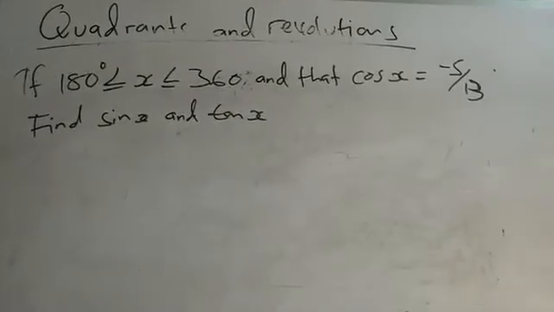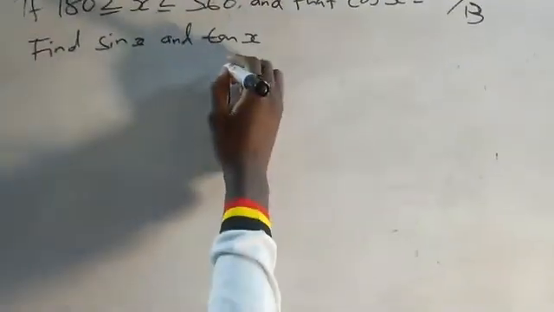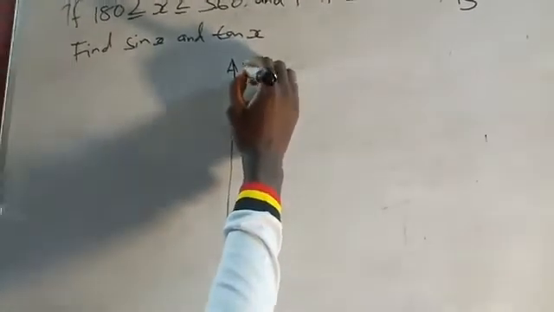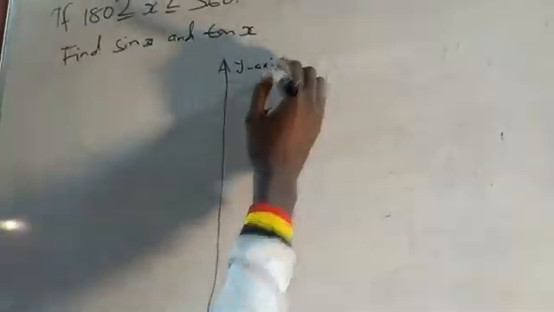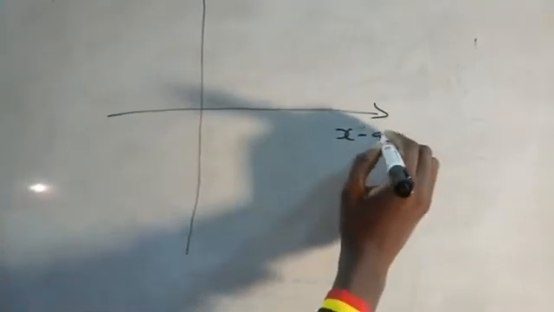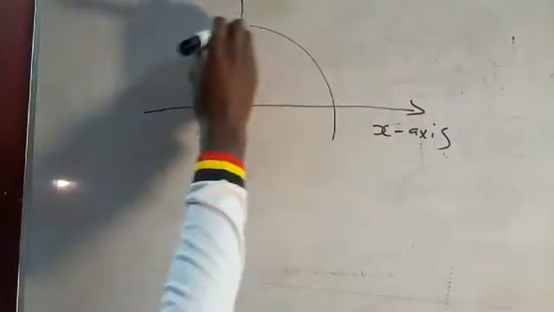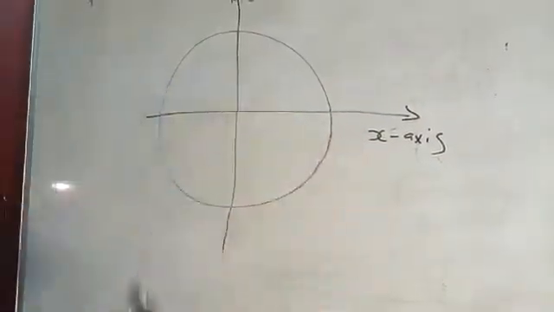So let's sketch our Cartesian plane like this, which is the y-axis, and this one, which is the x-axis, and we draw our unit circle.